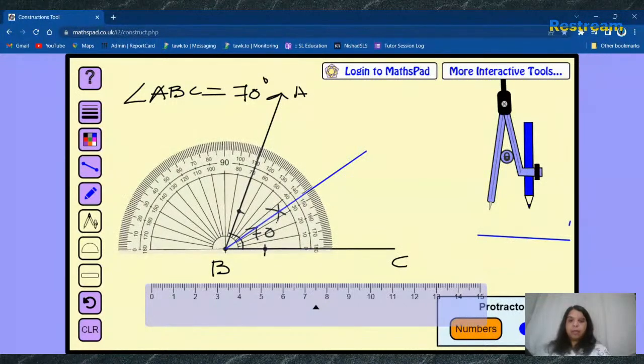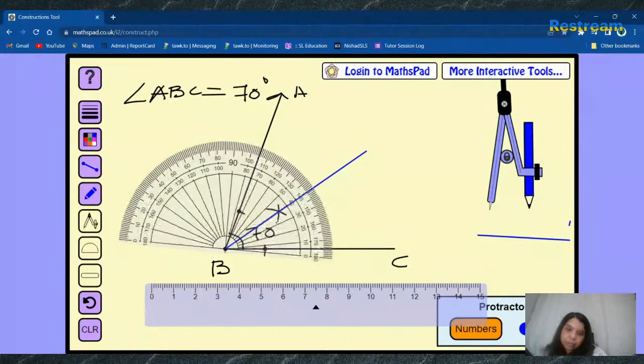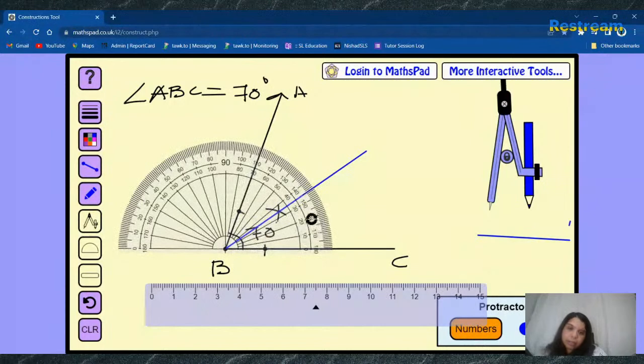Okay, and then if I see it's almost at 35 degrees, if I put it slightly correctly, it's at 35 degrees. So 70 divided by 2 is 35 degrees. So this is how you bisect an angle.